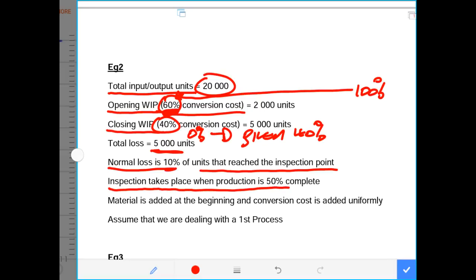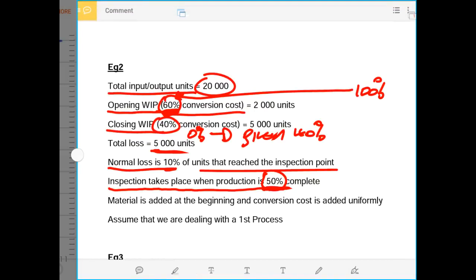Meaning, once again, when the units are 50% complete, we do the inspection and allocate only 50% of the abnormal loss to the conversion cost. However, with regard to material, we don't do anything because the material is introduced at the beginning of the process.